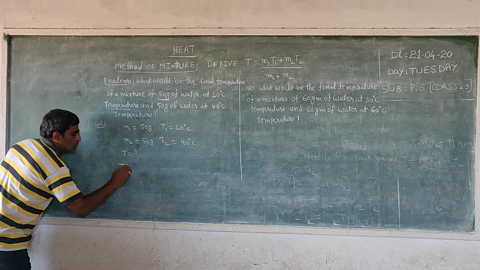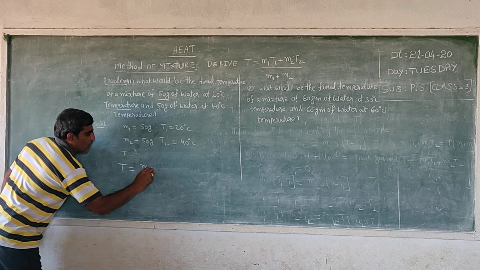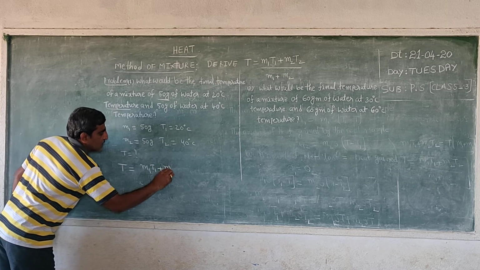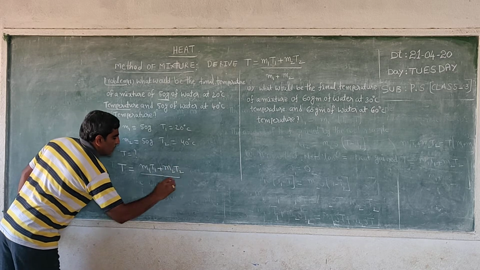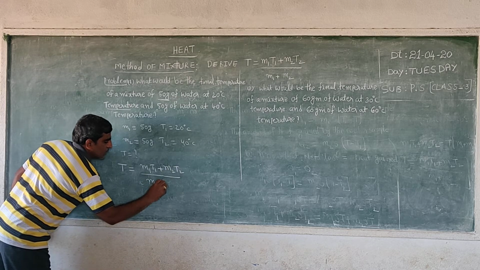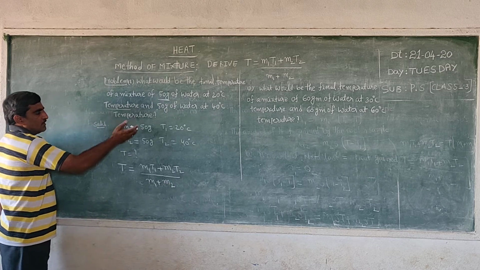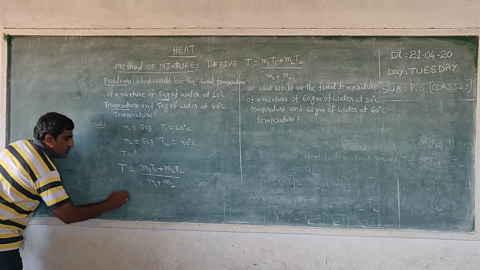So we can use T equal to M1 T1 plus M2 T2 by M1 plus M2. We can substitute these values in the formula.